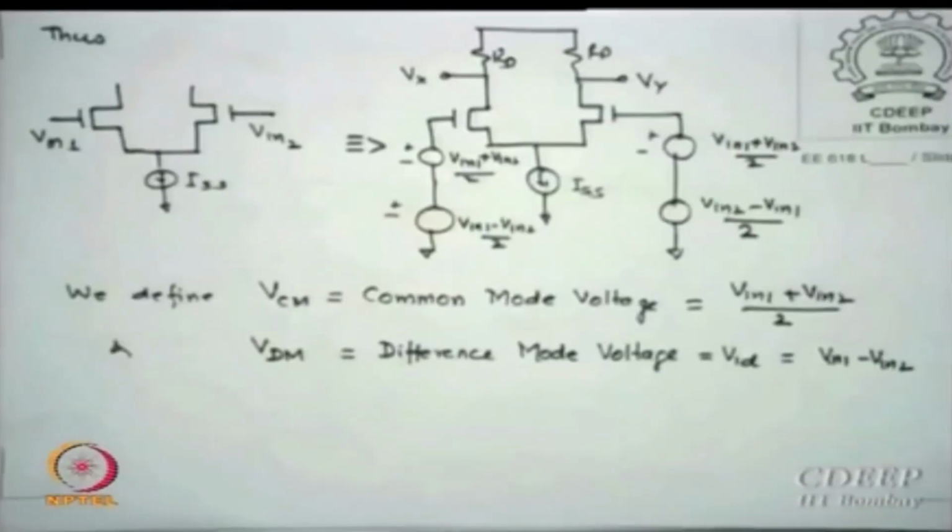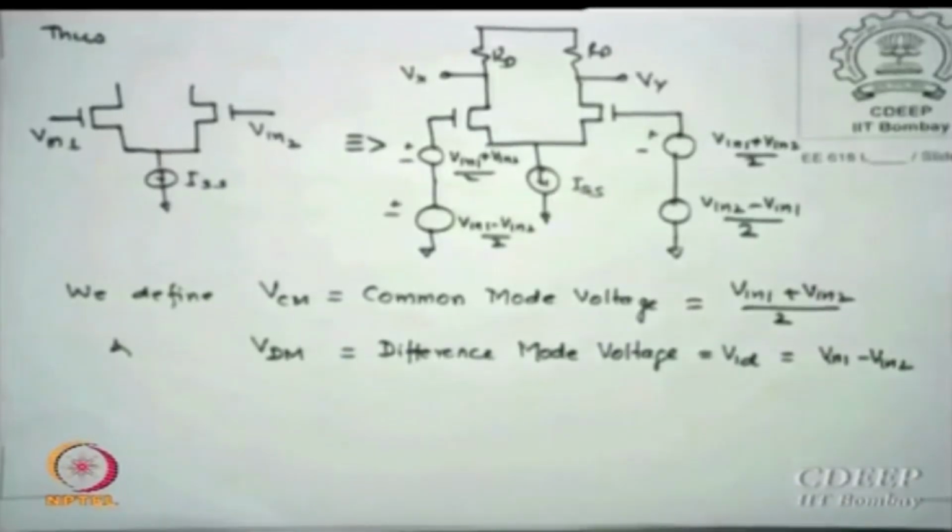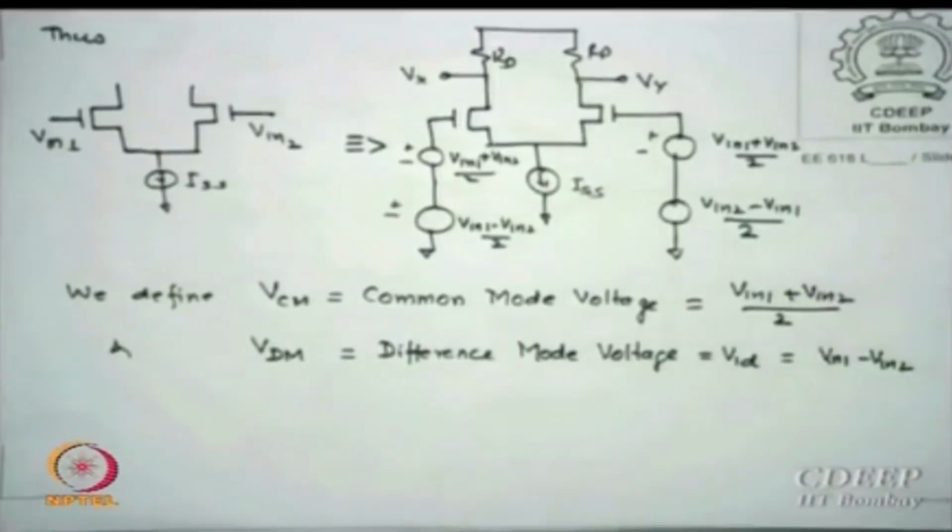Now the idea behind all this was to find what the gain is for the difference signal and what the gain is for Vc, the common mode, since there are 2 sources now. The method is to figure out the gain for difference and the gain for common mode, and check whether one is much higher than the other or vice versa.